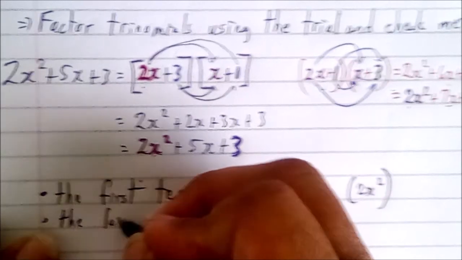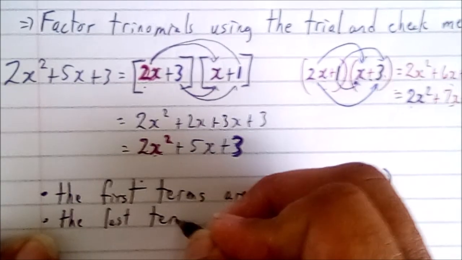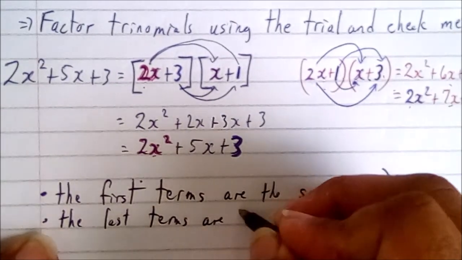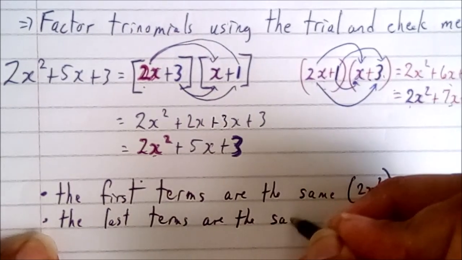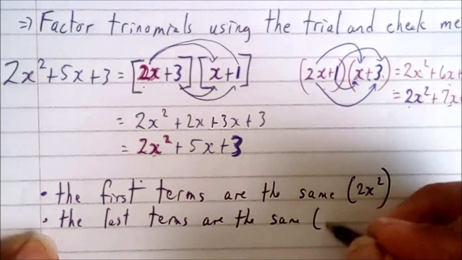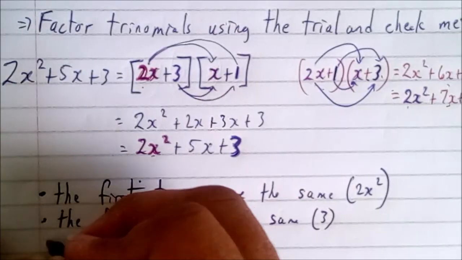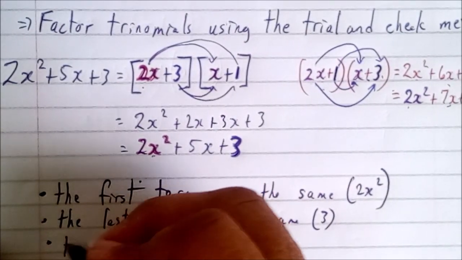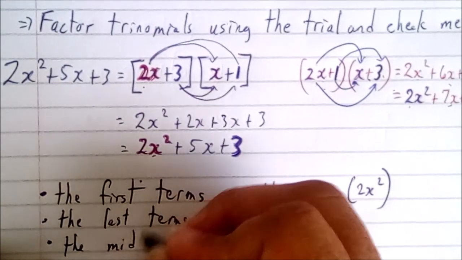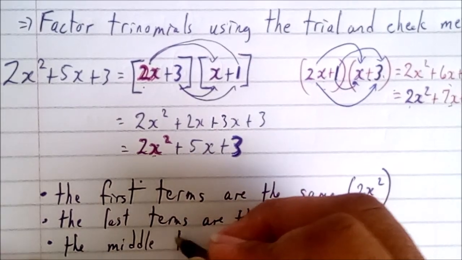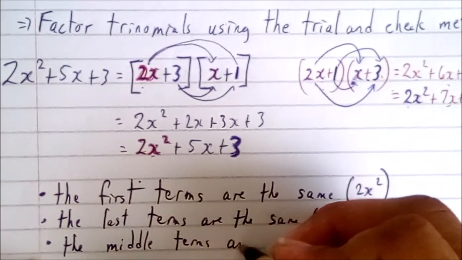The last terms are the same, which gives us 3. And finally the middle terms are different.